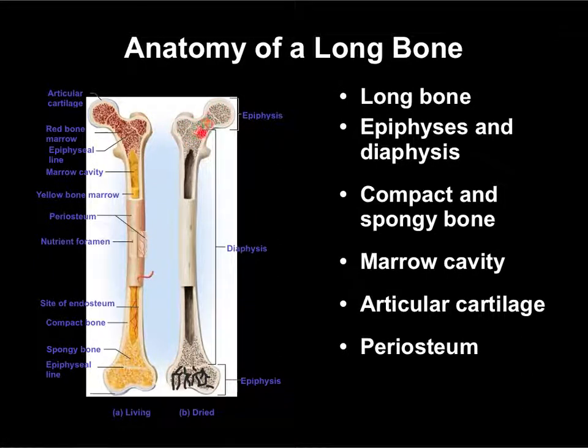So you're making blood in here, and that blood's got to get out to the rest of your body. This blood will connect into a blood vessel that will then flow out through a nutrient foramen. And bones are living tissue, which means that they need oxygen and they need nutrients. So you'll have oxygenated blood flowing into a nutrient foramen and then branching off.